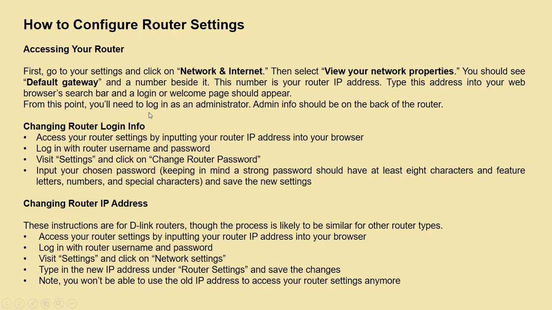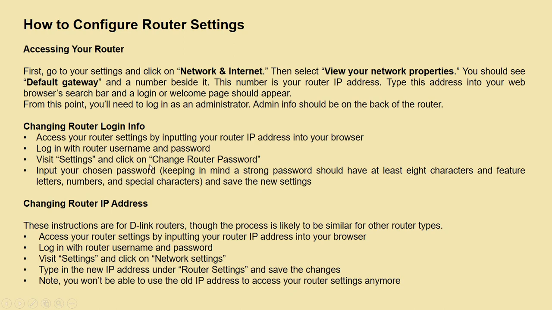From this point you will need to log into the administrator, and admin info should be on the back of your router, okay. Then changing of router login information. Suppose you want to change the router login info, then the procedure is: access your router settings by inputting your router IP address into your browser, okay. Then log in with router username and password.